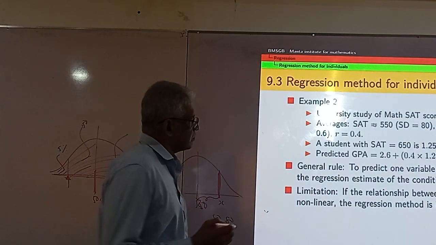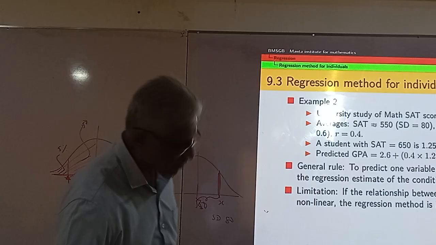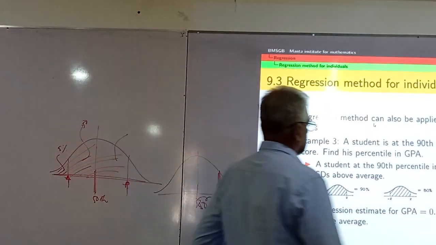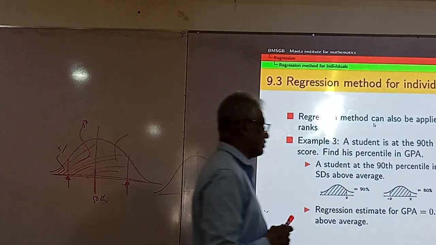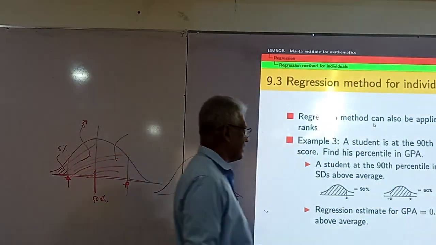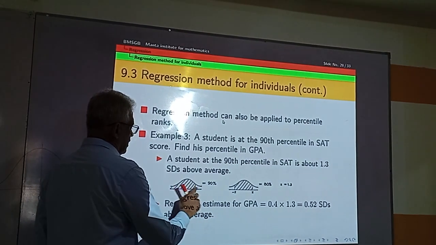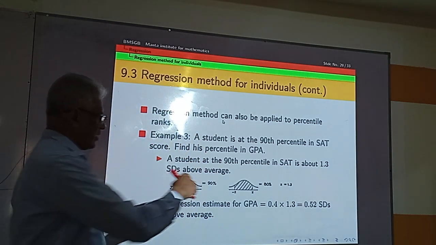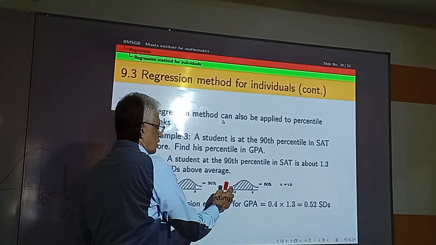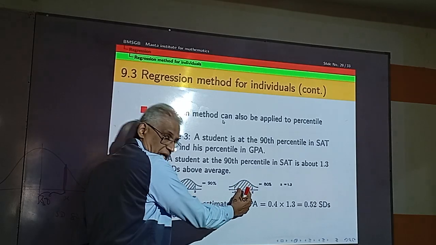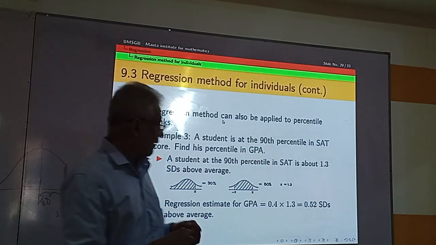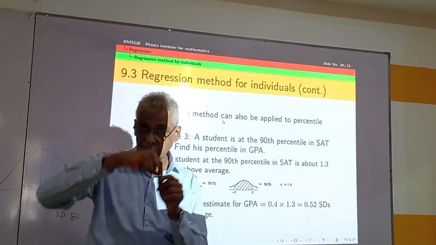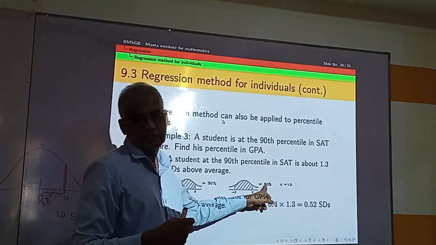Once you find the Z value corresponding to the 90th percentile, you will see that Z is equal to 1.3. If you are using that particular table, this area is 0.9, so this area is 0.1. But in the table you have this kind of area. So when you are finding the percentile Z, you have to find the Z value that has the closest value to the area.